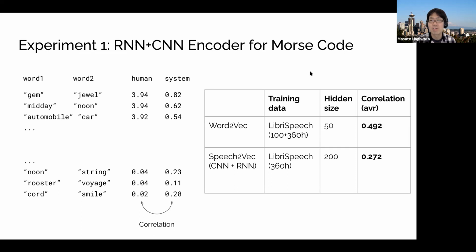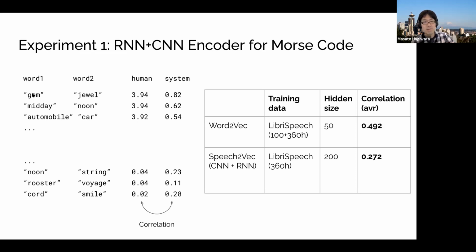Before that, I have to go over how you actually evaluate this, how you validate if this neural network is doing something useful. The way this is evaluated is you have a list of word pairs, like gem and jewel, which are very similar, so humans give a similarity score of 3.94. Midday, noon, very similar. Automobile, car, very similar.